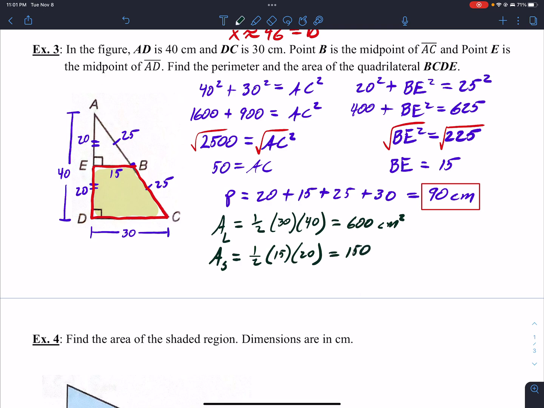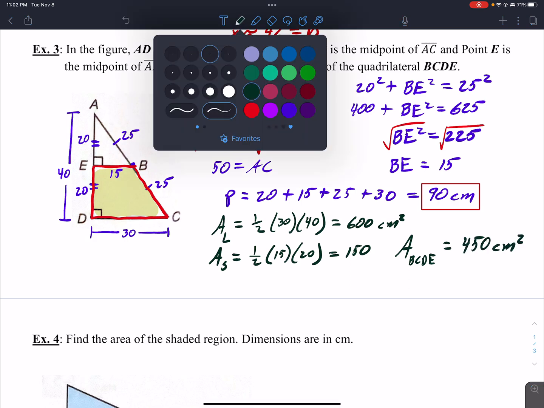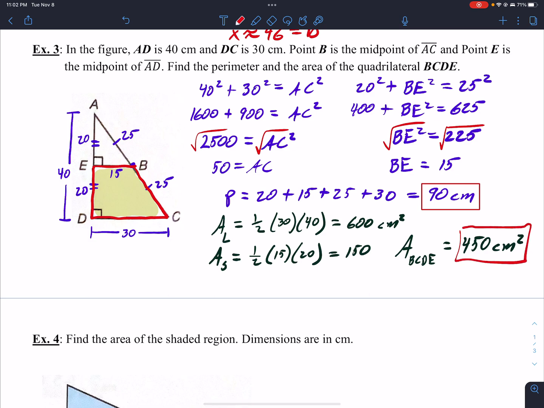And so the area of our quadrilateral, BCDE, is a subtraction, 600 minus 150, which is 450 square centimeters. All right? If you need a little bit more help to understand what happened there, feel free to rewind the video, watch it again, slow it down, whatever you have to do.